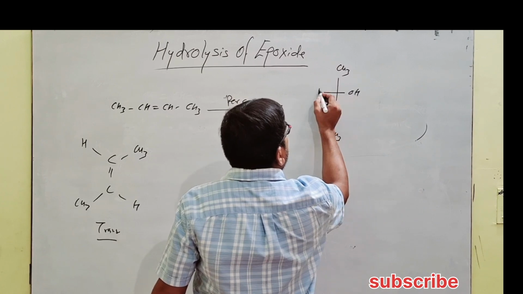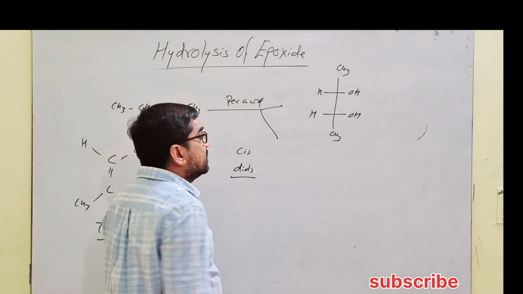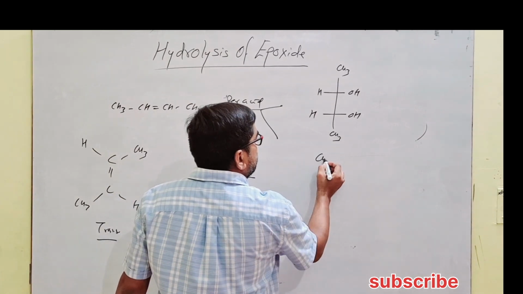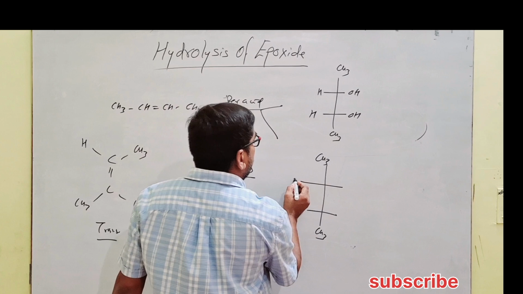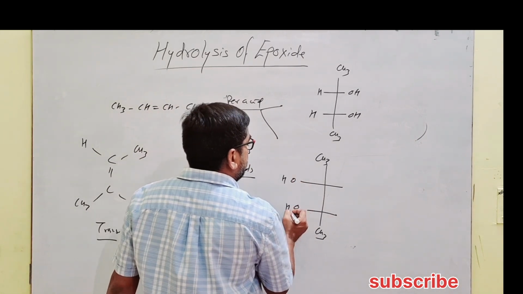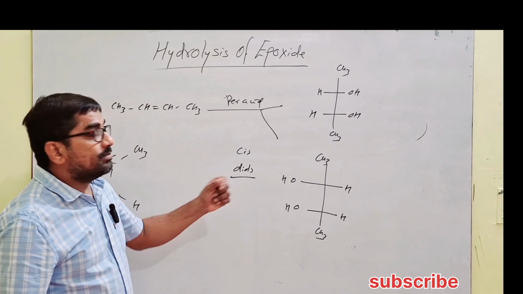Both the OH will be on the same side, with CH3 and CH3 like here. Both the OH will be on the same side, whether above the plane of paper or below the plane of paper.